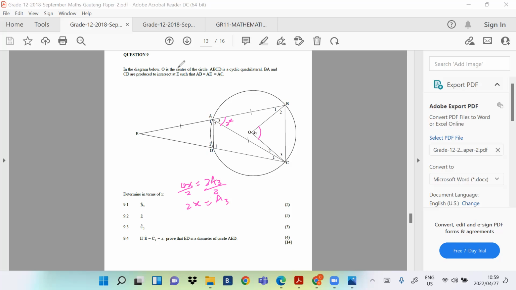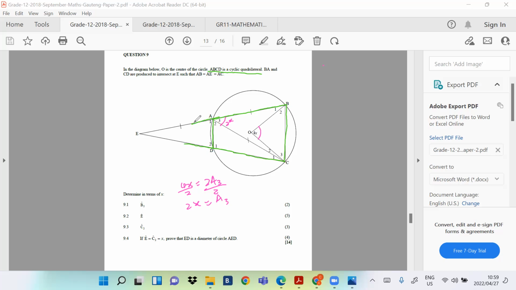Then we read and continue. ABCD is a cyclic quad. ABCD. It's a cyclic quad.